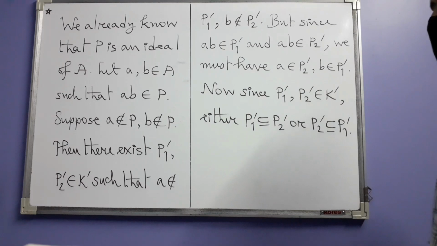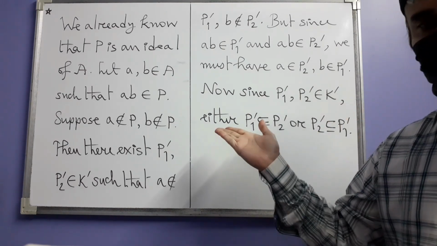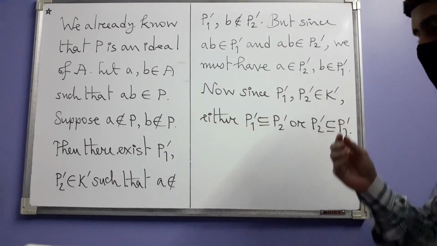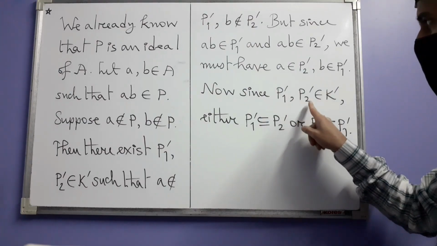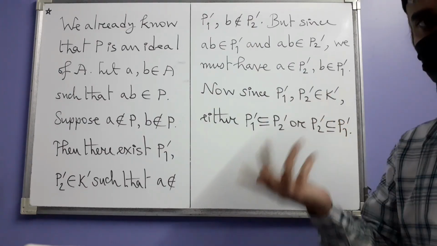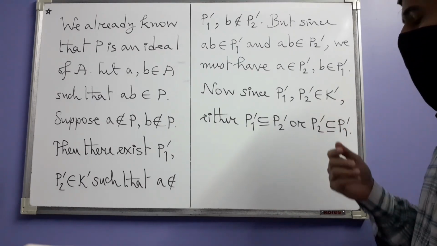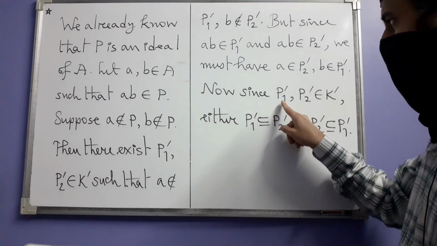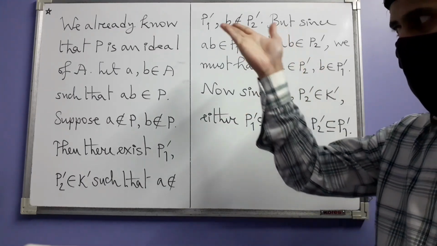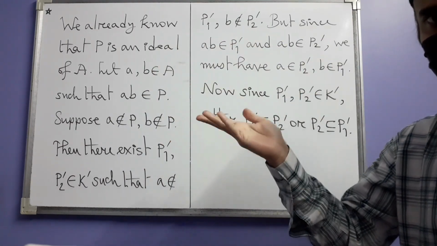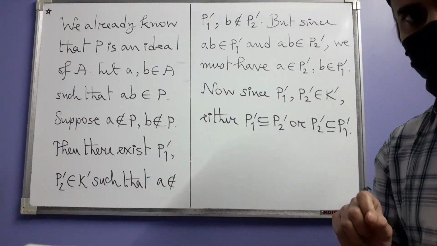And now next you invoke the fact that K prime is a chain. As I said moments ago, in a chain any two elements are comparable. So P1 prime and P2 prime being elements of K prime are also comparable. Comparable means that either P1 prime is greater than or equal to P2 prime, where greater than or equal to is that relation that we defined for this solution, or P2 prime is greater than or equal to P1 prime.